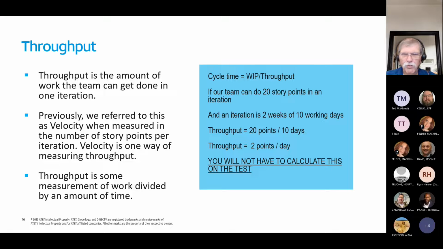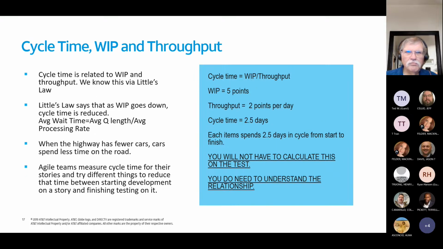You may have to do some comparisons or determine which is more effective, a throughput of 2 points per day or a throughput of 20 points per day. Obvious questions like that. So these are just different ways that you can go about expressing these things.